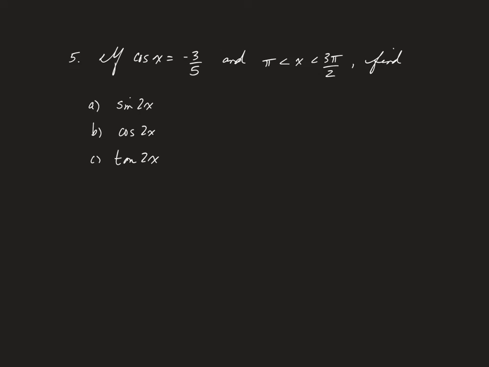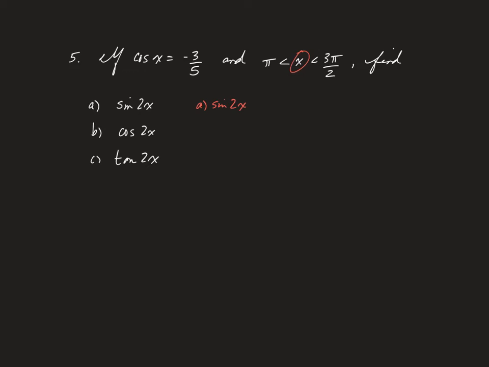Okay, we're back. So what I want to do is walk through the first one, for instance. If we were a little nervous about jumping in, then maybe I can play around with problem A, coming up with the sine of 2x. Okay, what I have in the problem pertains to angle x.